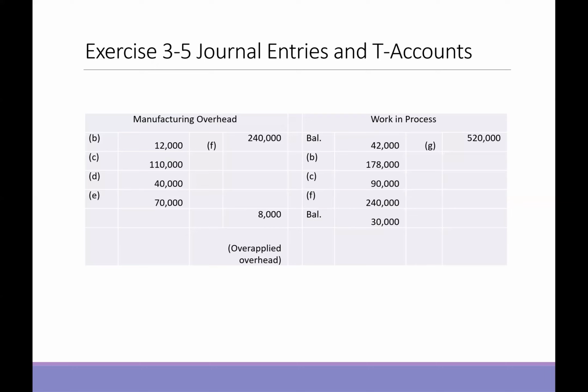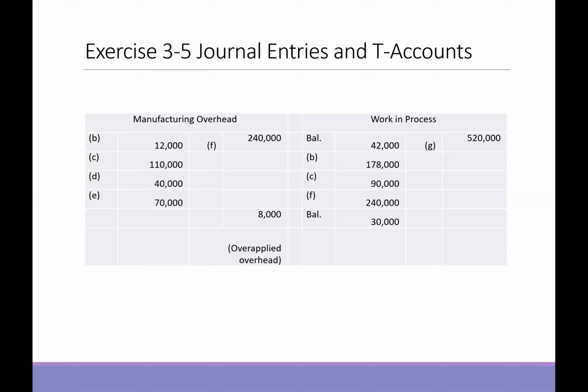Now the work in process: 240, 270, 360, 402, and the 178. We started with the beginning balance in work in process, and we need to take that into account. Then it told us exactly what was completed, the 520,000. So as a result, the balance sitting in work in process at the end of this is 30,000.